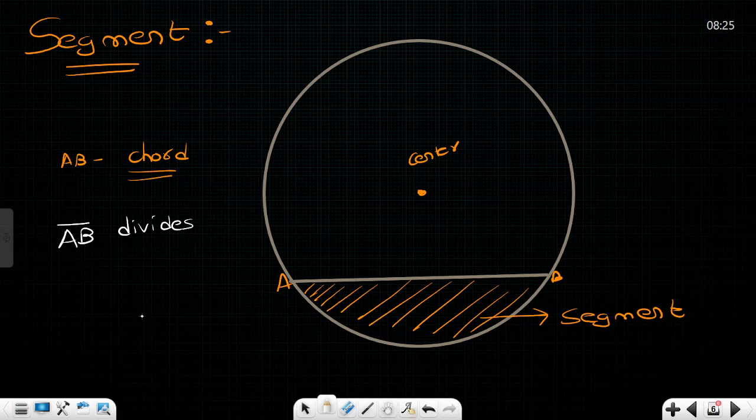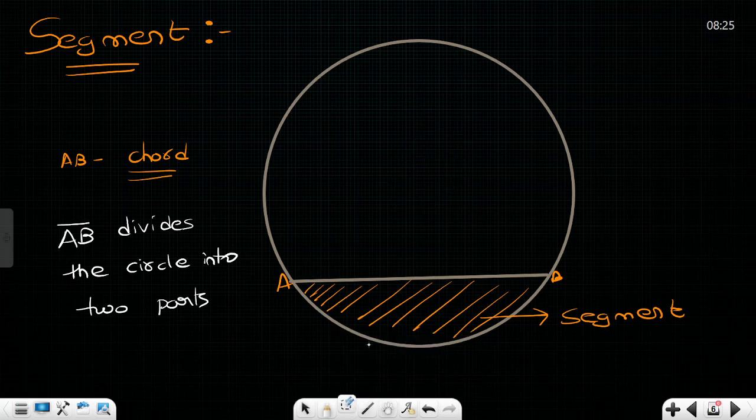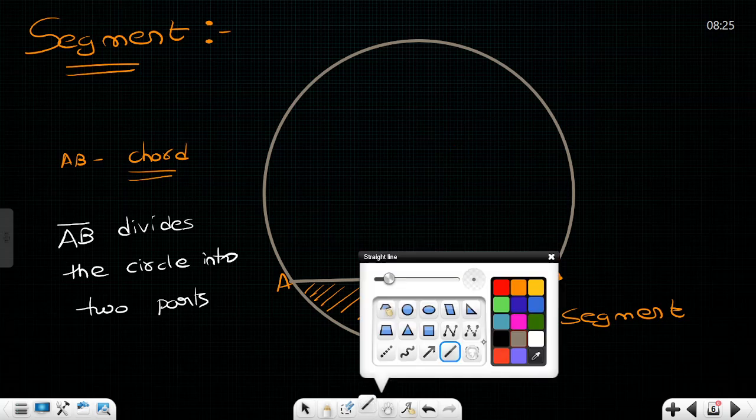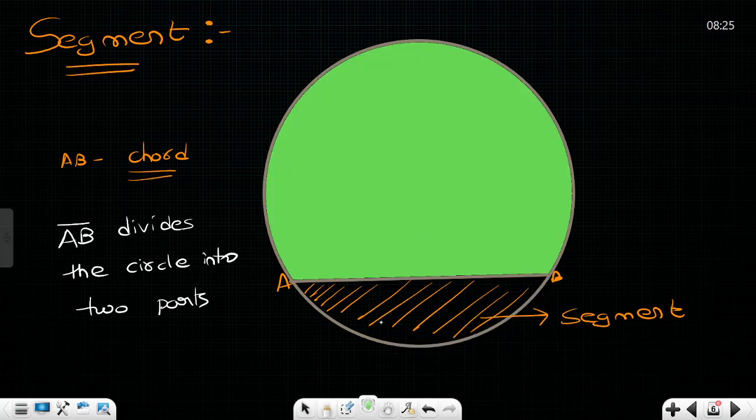If you see carefully here, the line AB divides the circle into two parts. I'll show you with the ink. That will be more good.